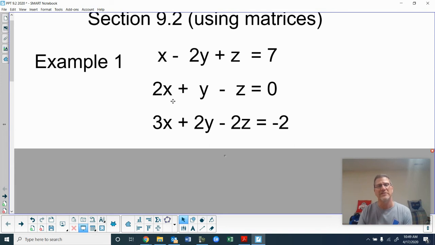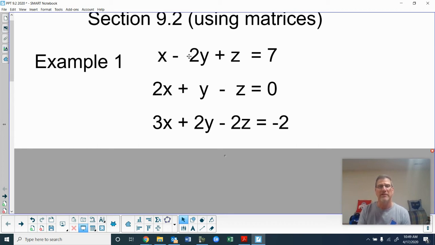What we do is we look at just the left side of these three equations, and we're going to make an A matrix and a B matrix. Our A matrix will be the left side of the equation. Our B matrix will be the right side. And all we're going to do is use the coefficients.